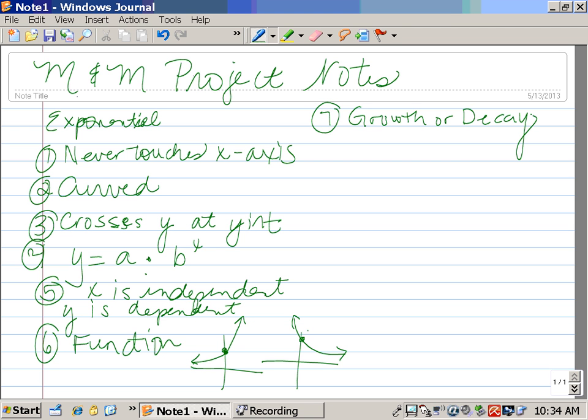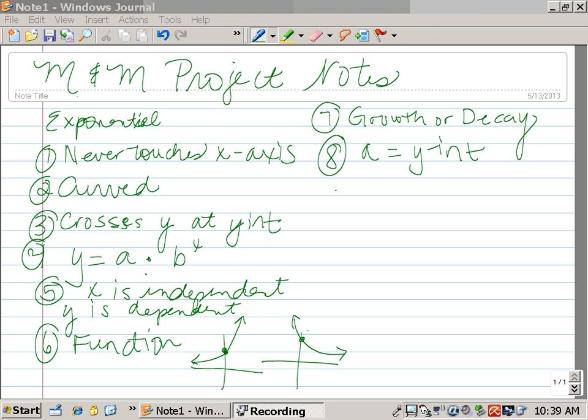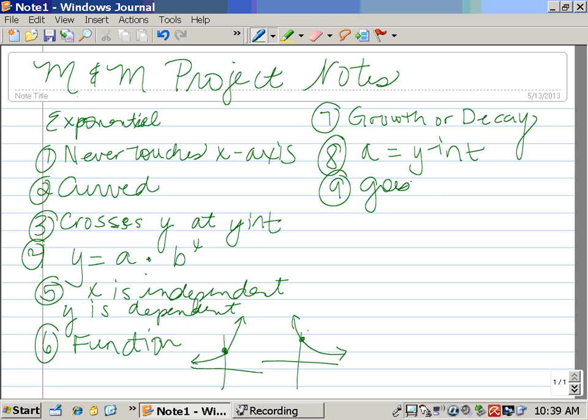He said positive or negative, but we're going to call it growth or decay. Okay, for growth or decay, number 8. A is the y-intercept. Another one is it goes on forever in both directions. Unless we're doing a project, right?